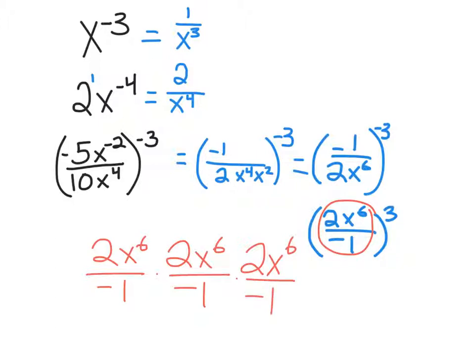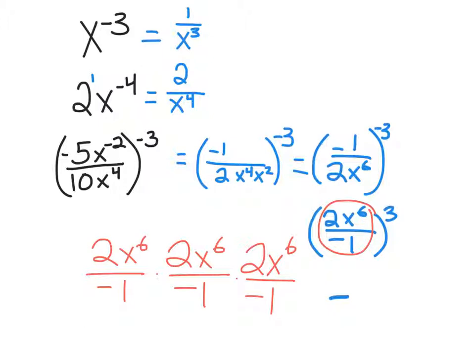When you see this expression, even if you don't write it out, the first thing you should look for is the sign. In this case, I know that my final expression is going to be negative because I have an odd number, or 3 groups, of a negative. The denominator here is negative 1, so we actually don't even have to write that there. If it had been a different number, we would write it in.